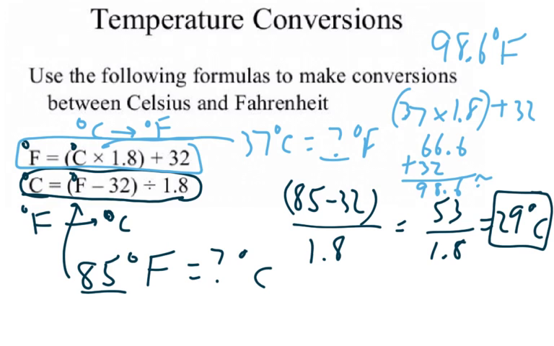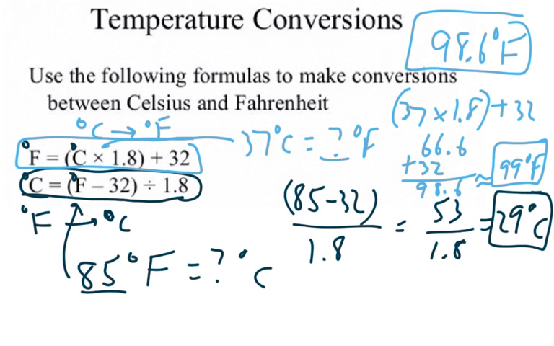If we were to round this, one would round to 99 Fahrenheit, okay? Which, by the way, 37 degrees Celsius is body temperature. I don't know if you're familiar with this, but body temperature is 98.6 in Fahrenheit. That would be the equivalent of 37 in Celsius.